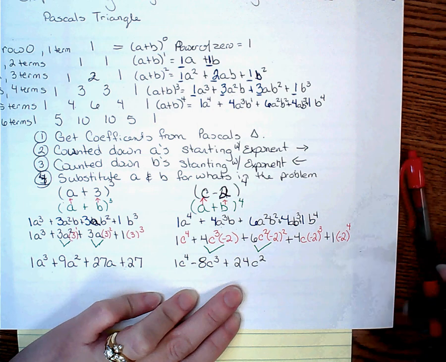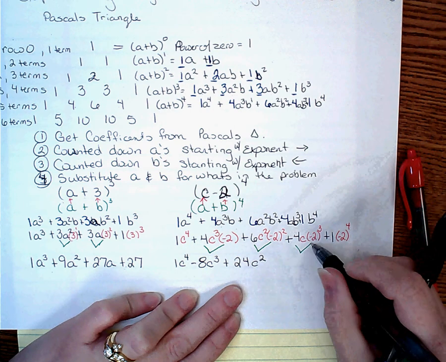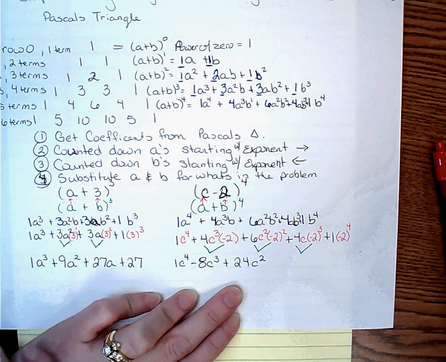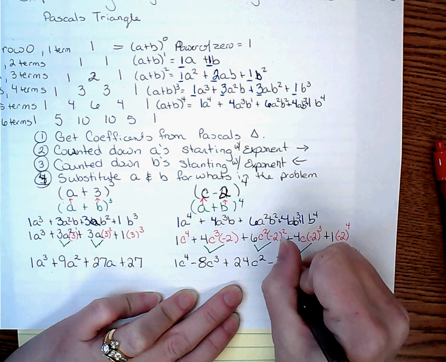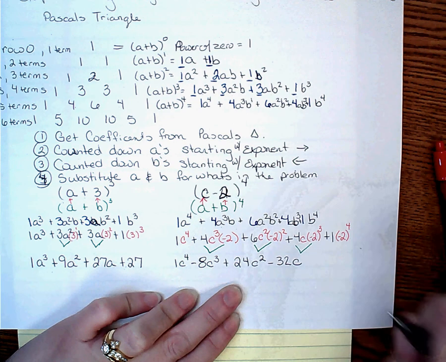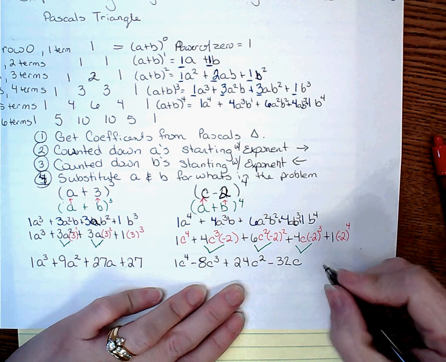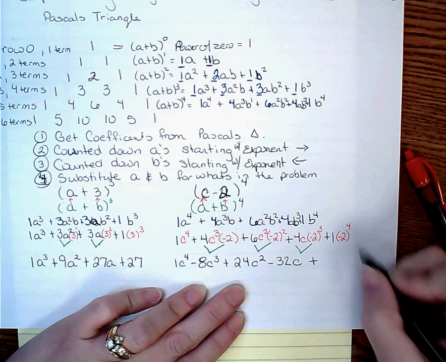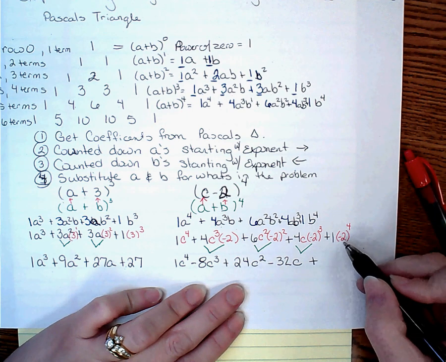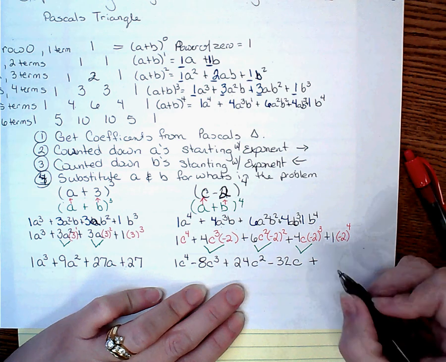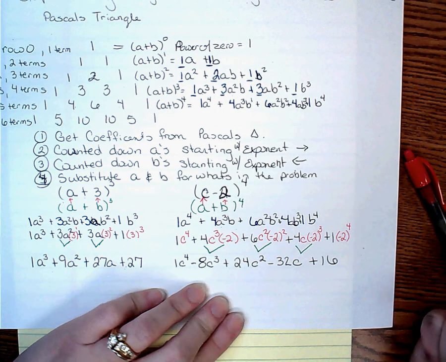Then we're going to look at the next term, 4 and then the negative 2 cubed. Negative 2 cubed is negative 8. Negative 8 times 4 is negative 32. Bring down your c. And then our last term is going to be plus, because negative 2 times negative 2 times negative 2 times negative 2 is going to give me positive 16.